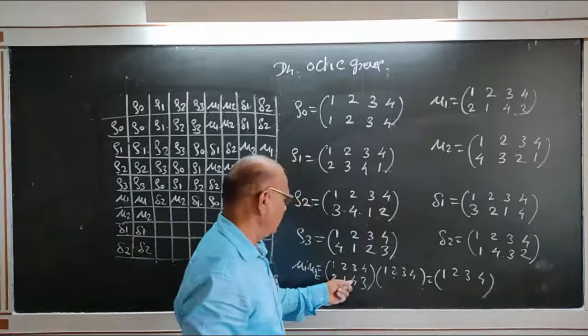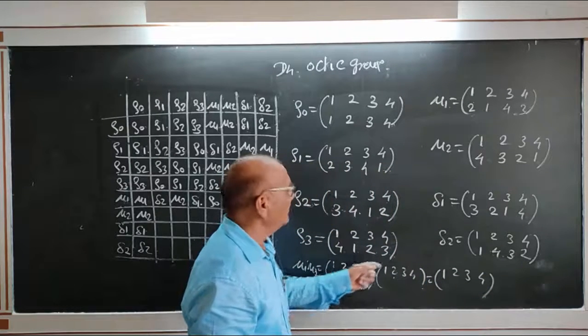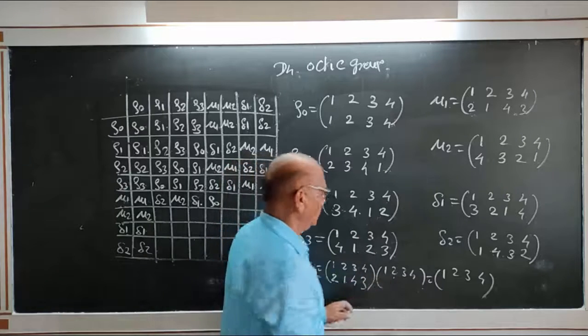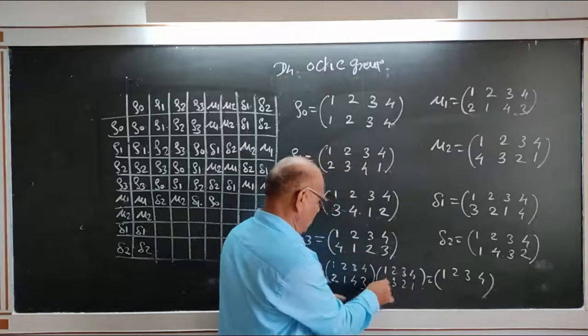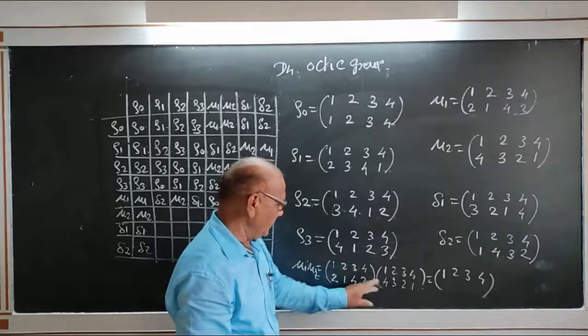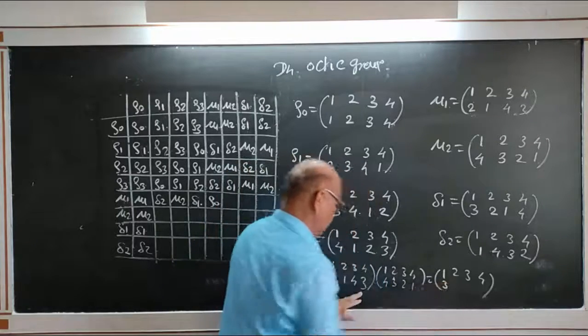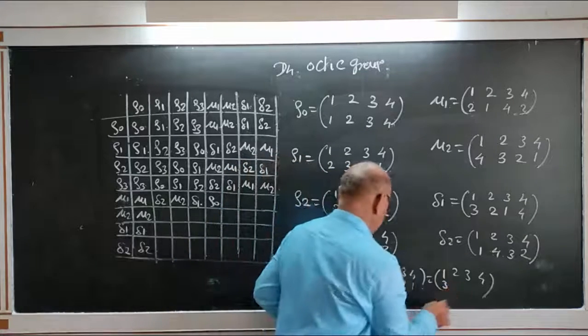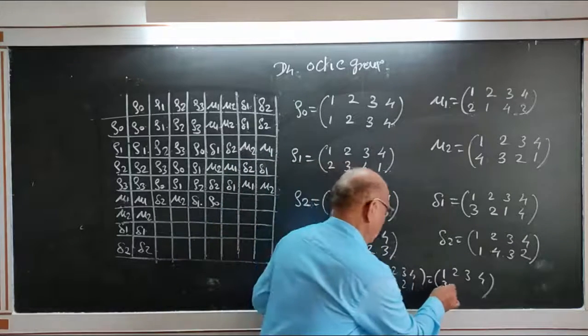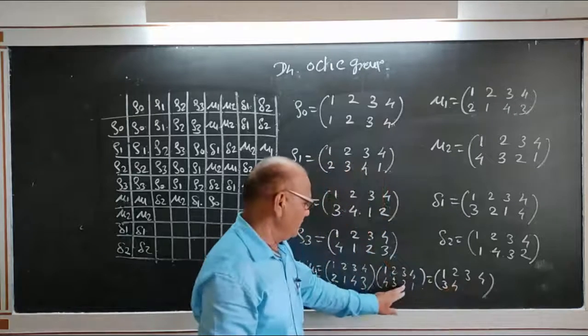This is mu 1: 2, 1, 4, 3. Mu 2: 4, 3, 2, 1. This gives 1 goes to 4. Here 4 goes to 3. 2 goes to 3. Here 3 goes to 4. Here 3 goes to 2.